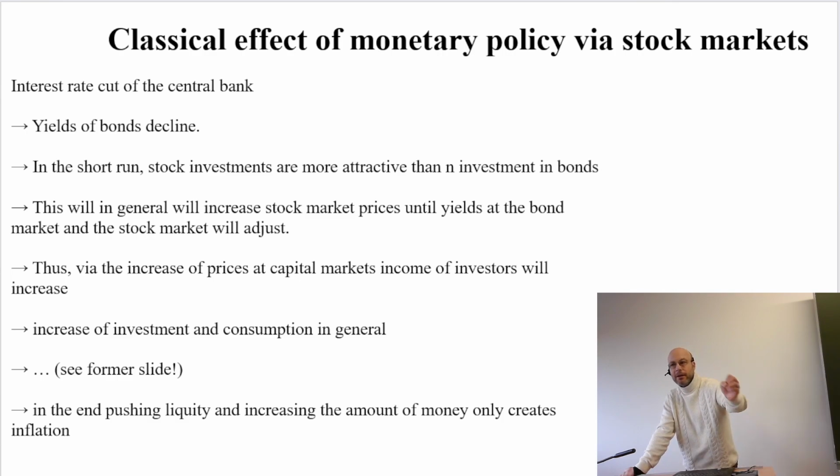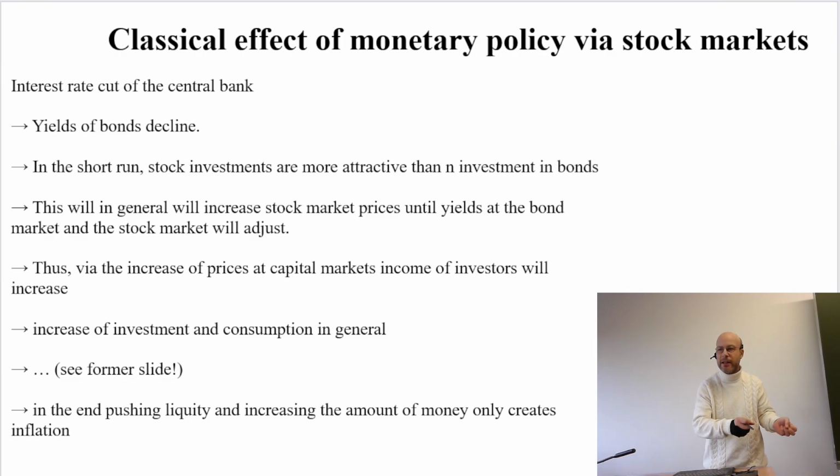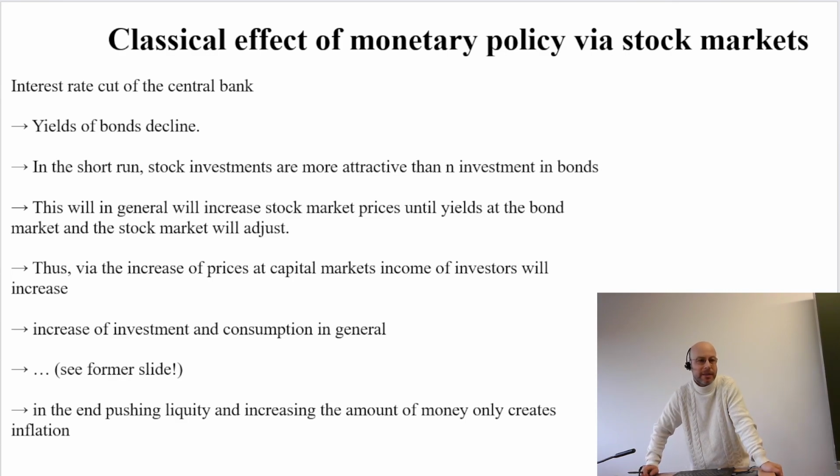Okay, and then we can also talk about an indirect way how this feeds through the system, because of course interest rates are a very important price of capital markets. Not only the price of credits, but of capital markets in general, because these interest rates represent more or less the yield of our bonds. And then, of course, we can invest not only in bonds, so in a secure, so to speak, investment.